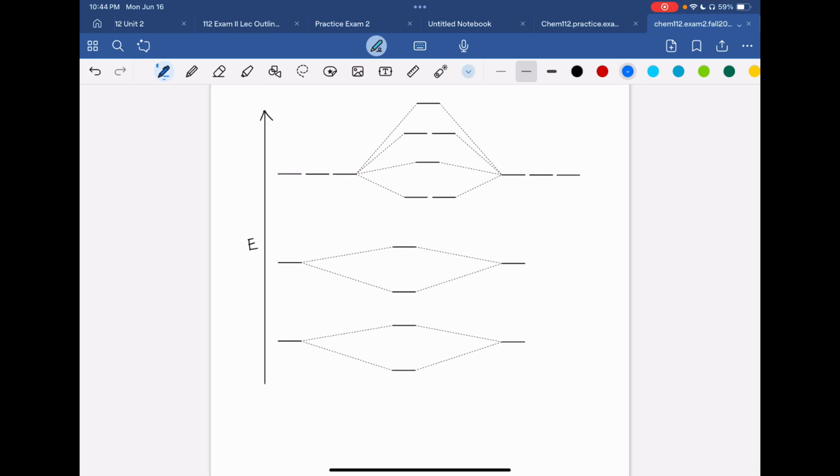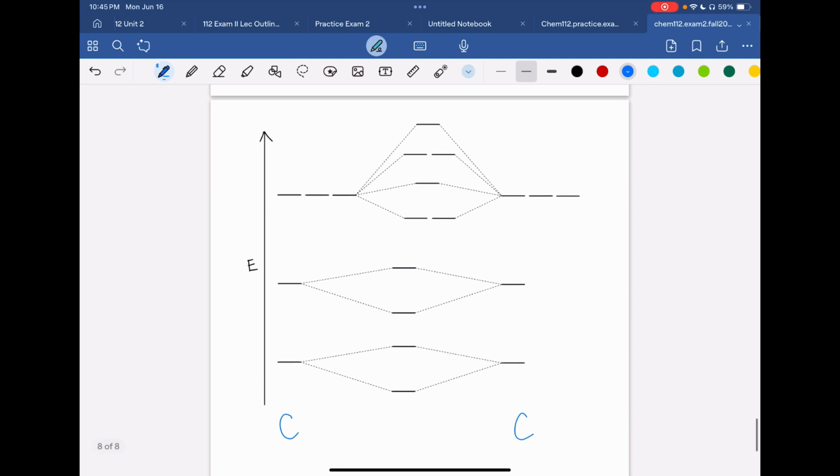So this is the carbon to carbon bonds. And notice how they're the same atom, so they're both in the exact same energy line. Remember 1s, 2s, 2p. This is regular old carbon.